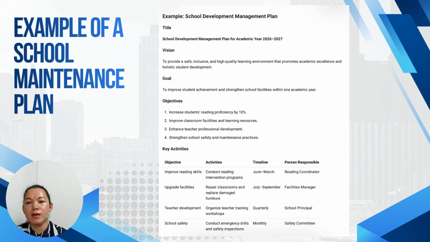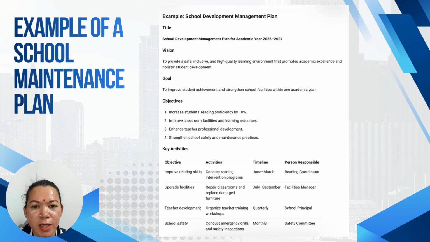So yeah, here is an example of a school development management plan. Okay, so as you can see there, the title: School Development Management Plan for Academic Year 2026-2027. There is a vision and a goal.